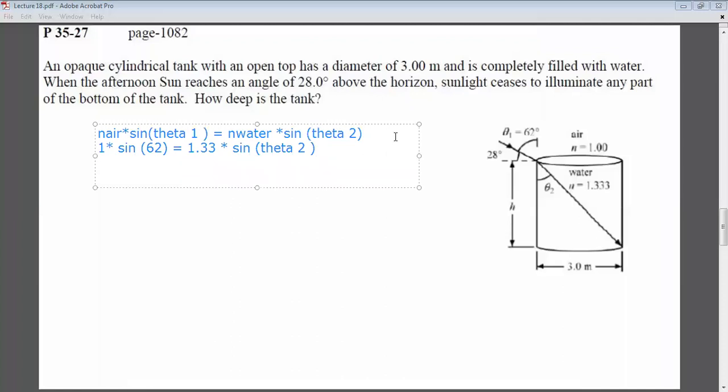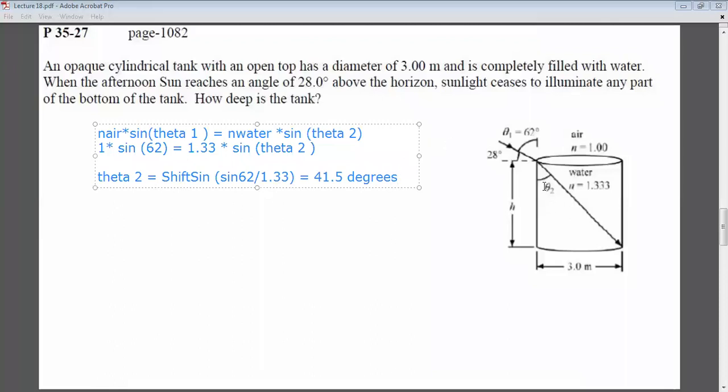So theta 2 is the inverse sine of sine 62 divided by 1.33, and this gives me the answer 41.5 degrees.